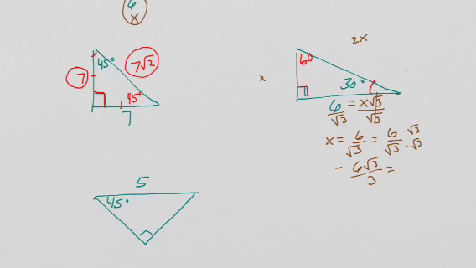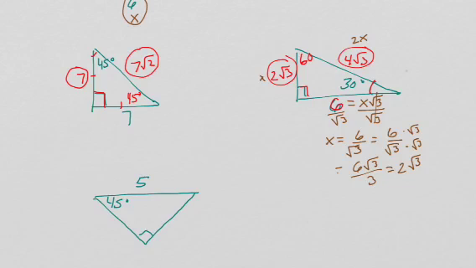And then 6 square root 3 divided by 3 is 2 square root 3. So there is what x equals. X is 2 square root 3. And if x is 2 square root 3, then double that would be 4 square root 3. And there's my two answers.